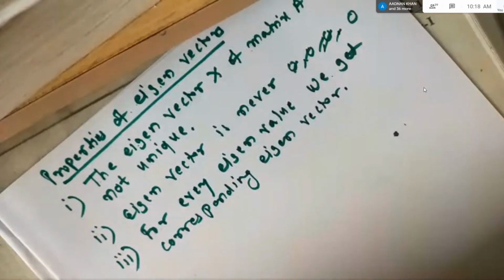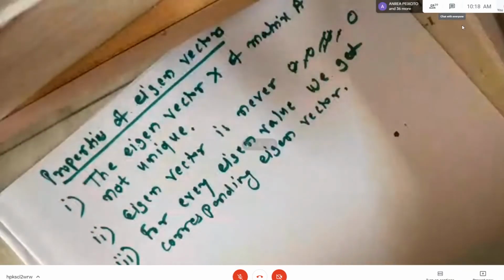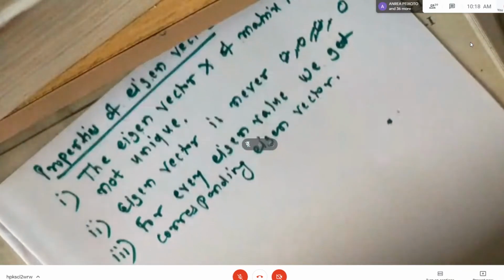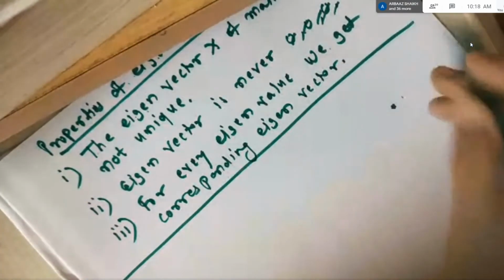For every eigenvalue, we get corresponding eigenvector. Okay. Is that clear, students? Could you write? Should I proceed? Okay. Now let us continue with the problem. So these are the properties, correct?